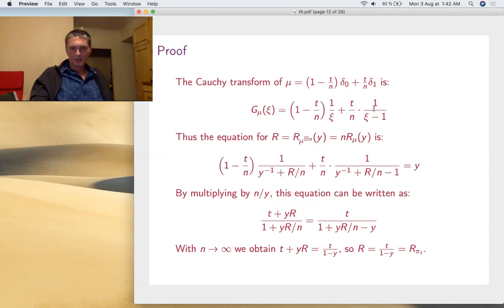So what I'm doing in order to pass from here to here: I say that R over n is the R transform of mu. So R over n plus the variable, which is now y to the minus 1, should be the inverse of Cauchy.